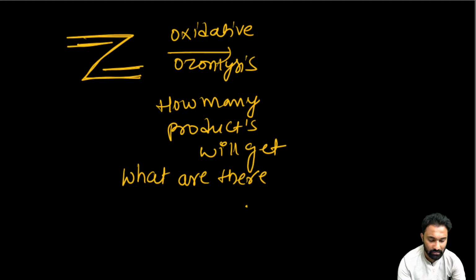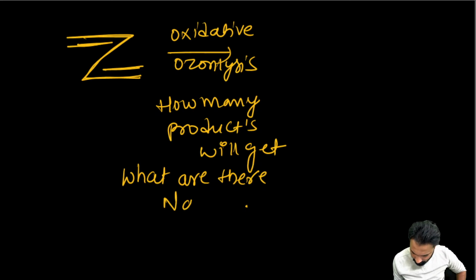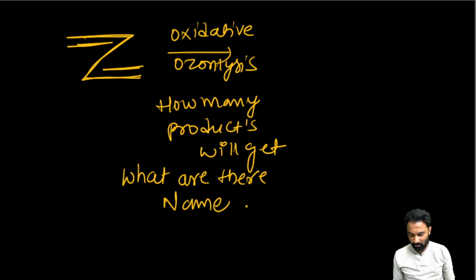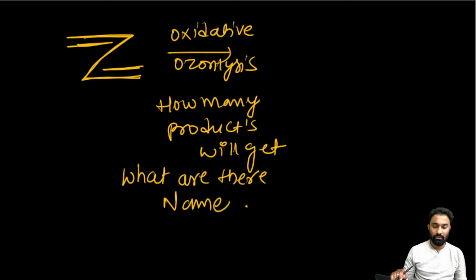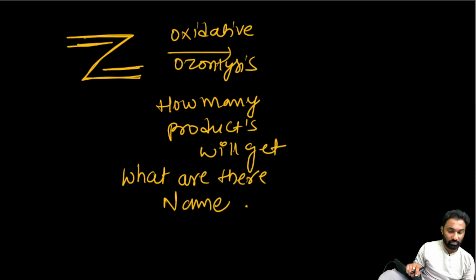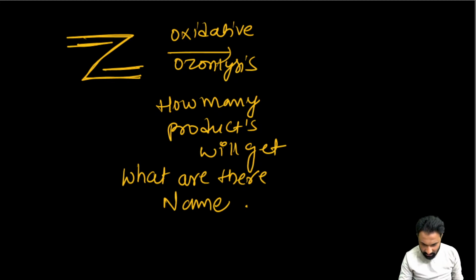Clear? Now, what are the product names? One is ketone. Suhas is saying formic acid, saying ketone. I'm asking the stable products' names.